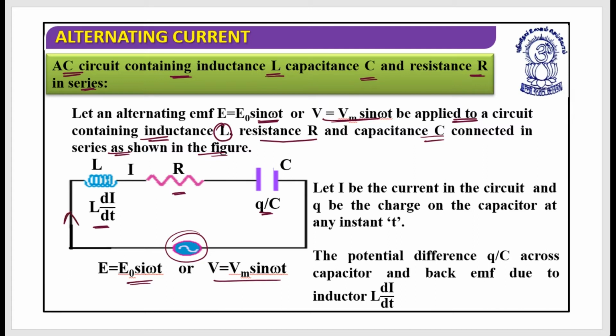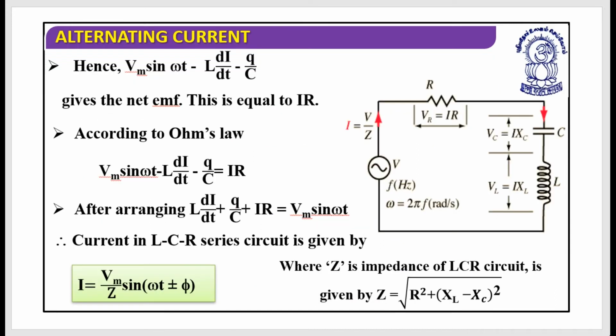Let's suppose a current has been passed through the circuit and Q is the charge on the capacitor at any instant of time t, with the potential difference Q by C across the capacitor and the back EMF due to the inductor equal to L di by dt. If I apply KVL on this circuit, the total potential would be Vm sin omega t minus L di by dt minus Q by C, which should equal IR, the potential drop across the resistance.